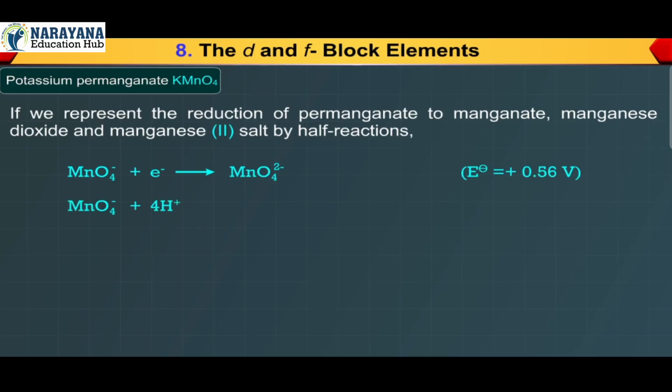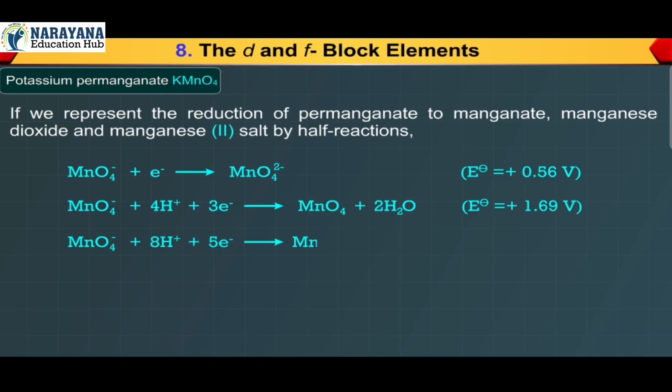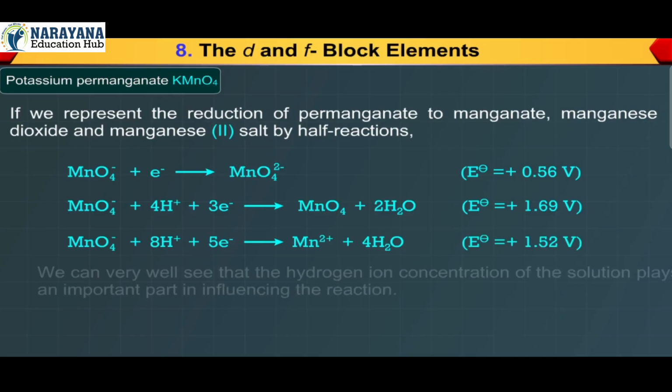MnO4- plus 4H+ plus 3e- gives MnO2 plus 2H2O, E standard is equal to plus 1.69 volt. MnO4- plus 8H+ plus 5e- gives Mn2+ plus 4H2O, E standard is equal to plus 1.52 volt.